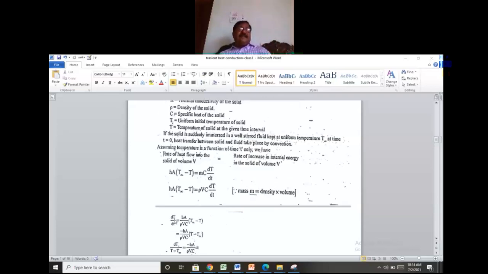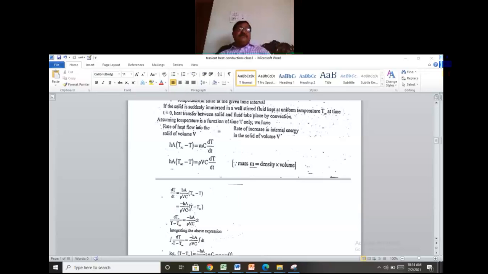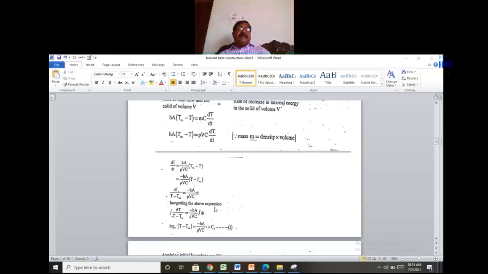Okay, dT by dt, I'll send this to the other side: h A, rho V c, T infinity minus T is equal to minus. Taking this side, T minus T infinity, it becomes hA over rho V c, dT by T minus T infinity, equal to minus hA over rho V c dt. Integrating this expression, dT by T minus T infinity equals minus hA over rho V c, where rho V is the mass, into c, into dt.